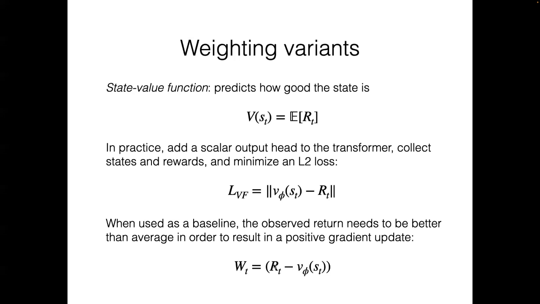It basically says that in order for there to be a positive gradient update, the reward or the return has to be kind of better than average. So again, if you learn a really good value function, it's saying, in expectation, what is the reward from the state? And so if this was positive, it would mean that this observed return is actually better than expected or better than average.